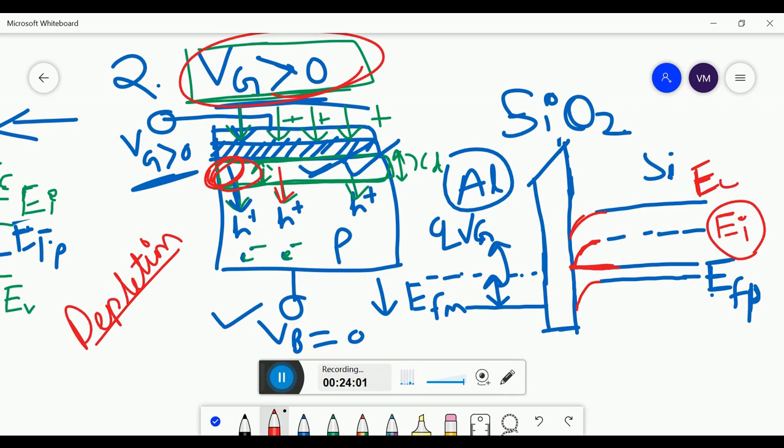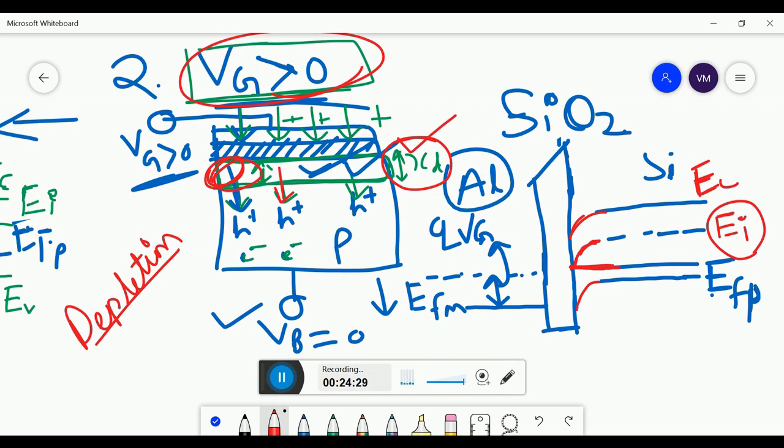Now we proceed towards the third condition. Before proceeding, this is the size of the depletion layer, and please remember this size will always remain the same. Even if you apply a very high positive voltage, this depletion layer size will remain the same, and this will be very helpful.